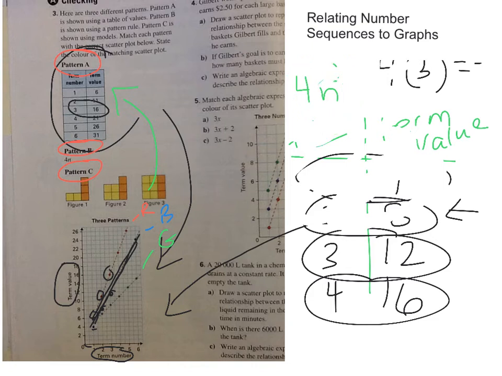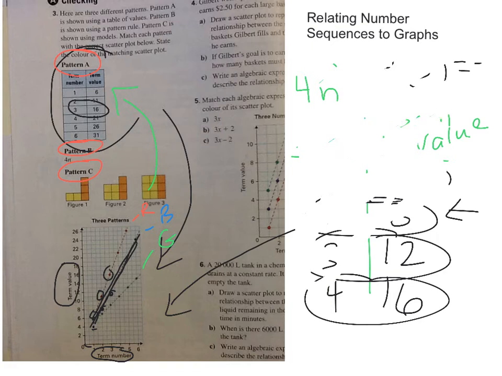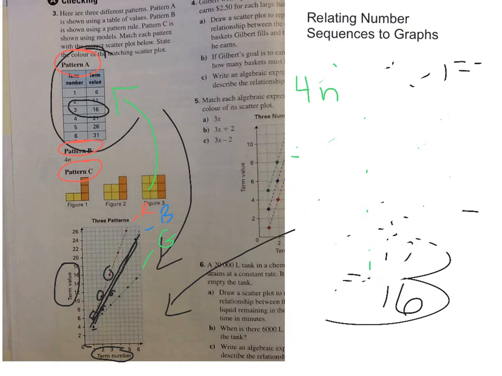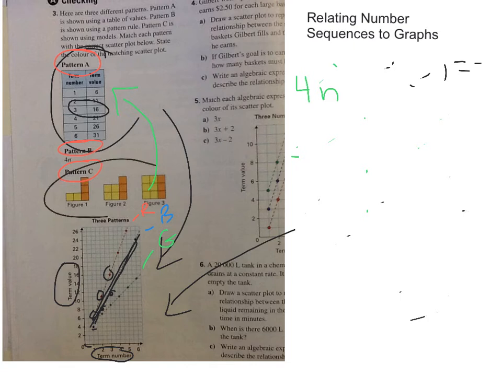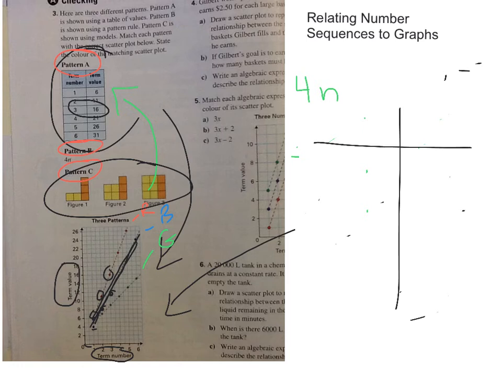Let's just test out the third pattern so we can do one more example. Pattern C here, let's do a table of values. Term number and term value.